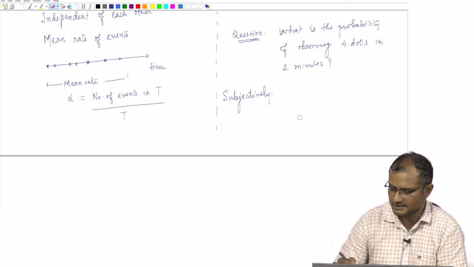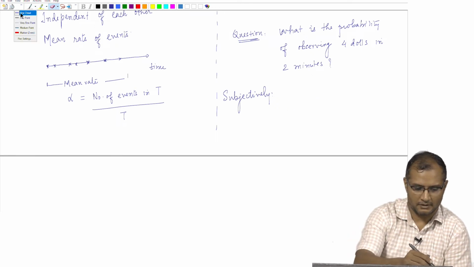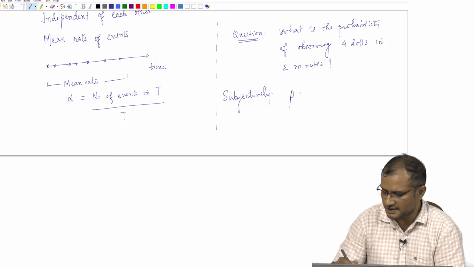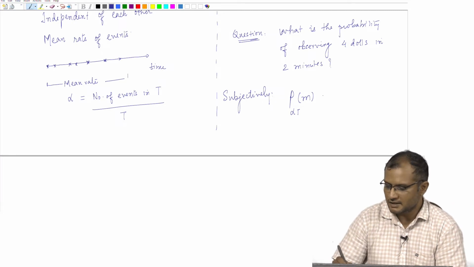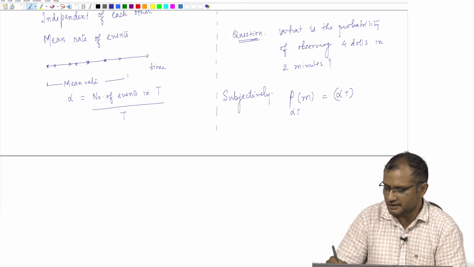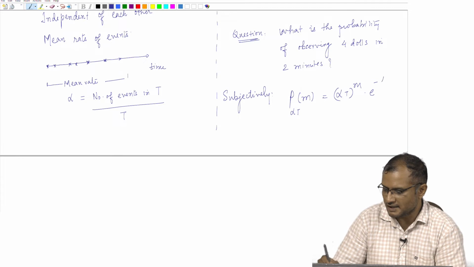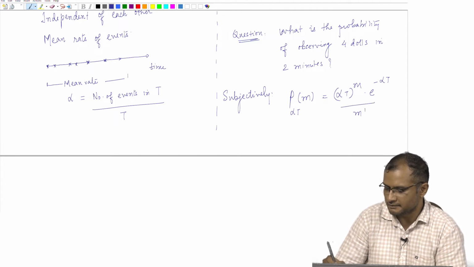From Poisson statistics, the probability of seeing m events when the average number of events is alpha t is alpha t to the power m into e raised to minus alpha t over m factorial.